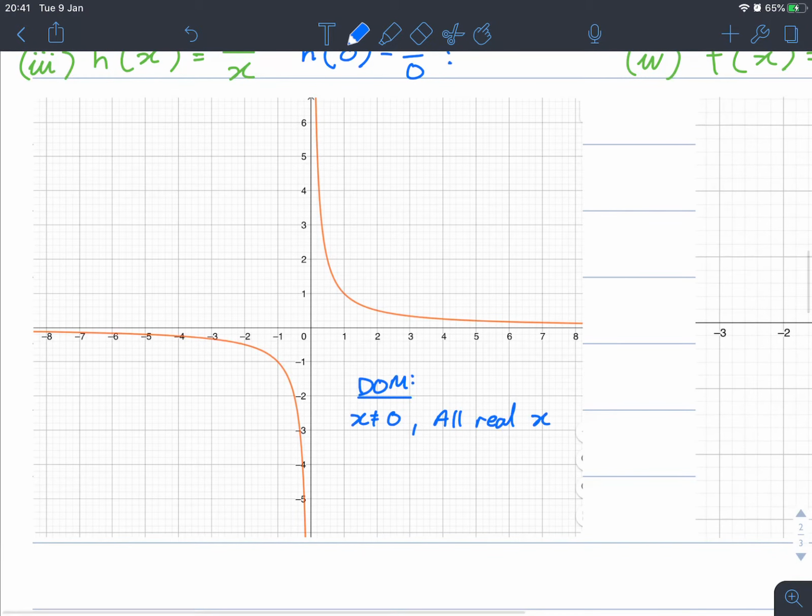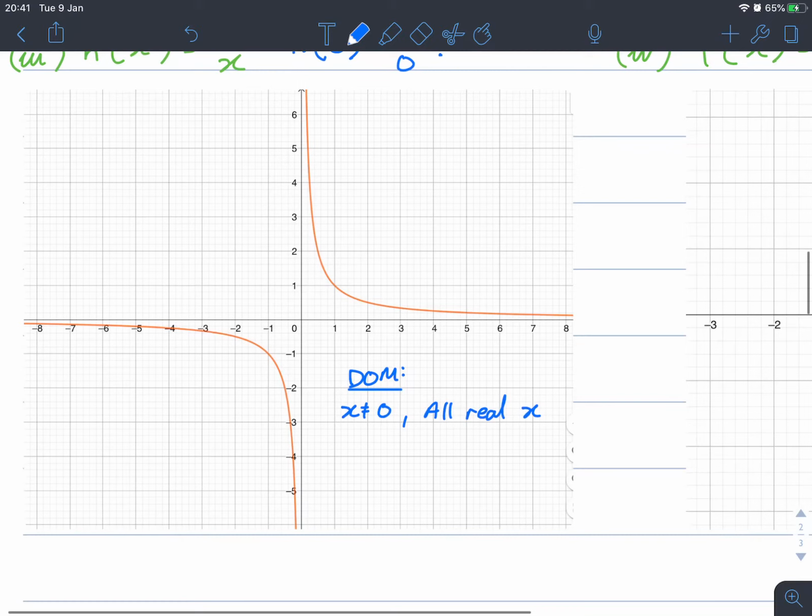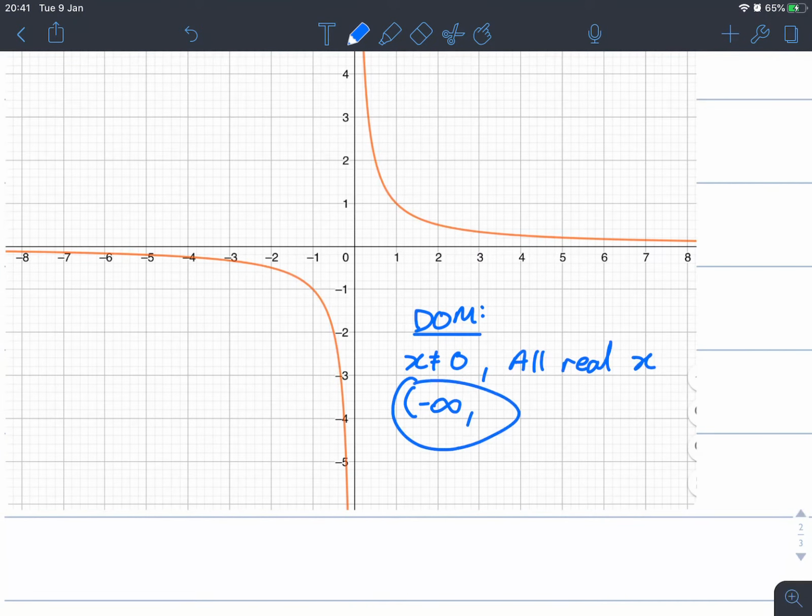Now, writing this in bracket notation, we can pick all negative values here. So we can pick from negative infinity, but the highest number in this interval, we have to stop at 0. So we can only get so close to 0, not including, because this is including, not including 0.